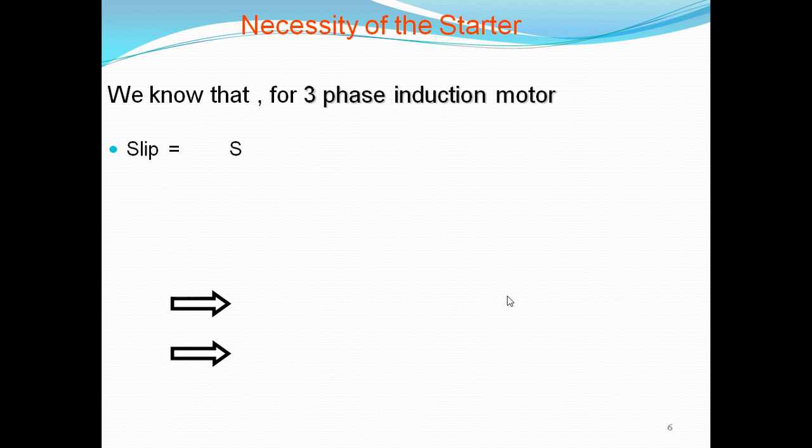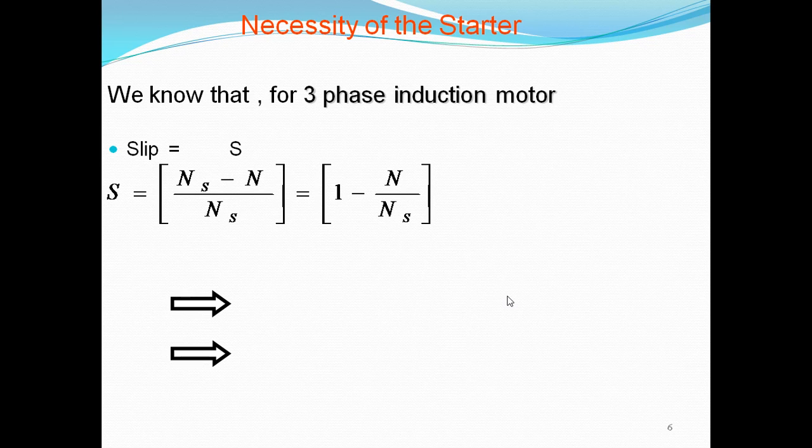For a three-phase induction motor, we have slip. Slip S is equal to (Ns minus N) by Ns, that is 1 minus N by Ns.